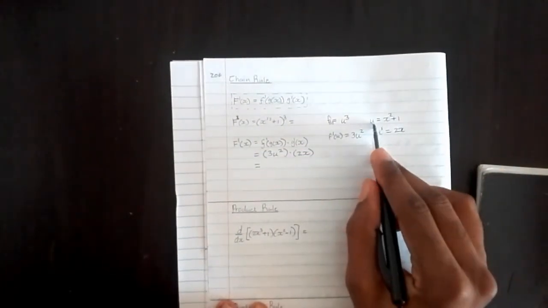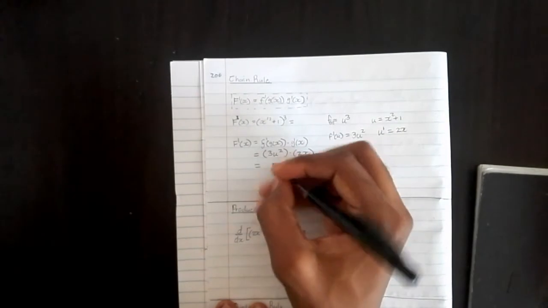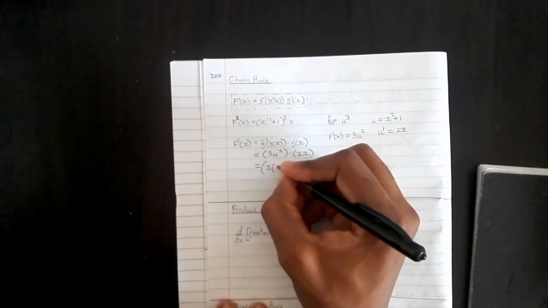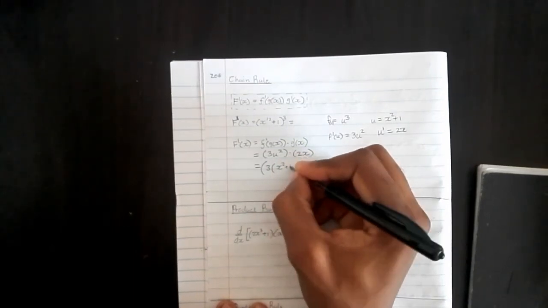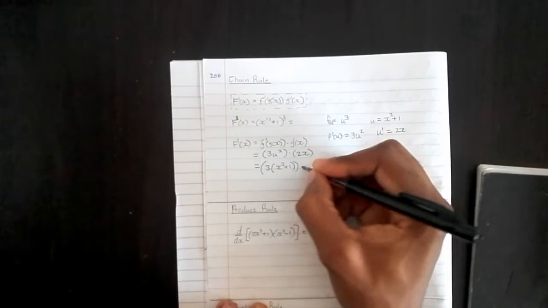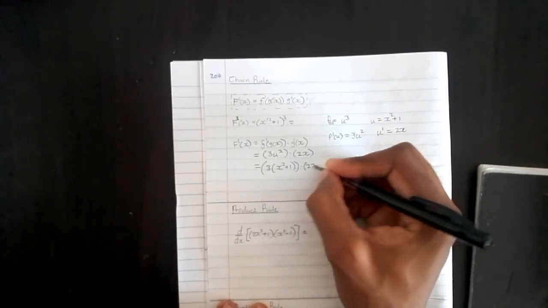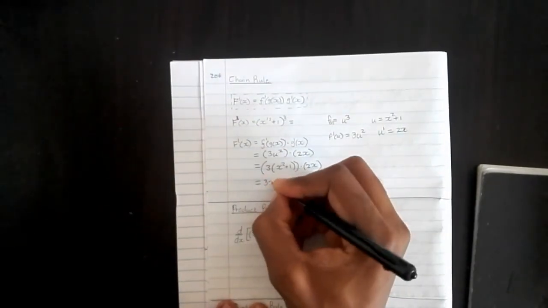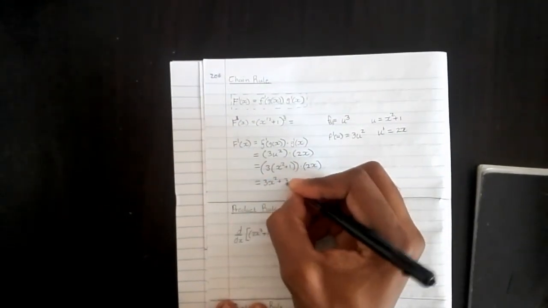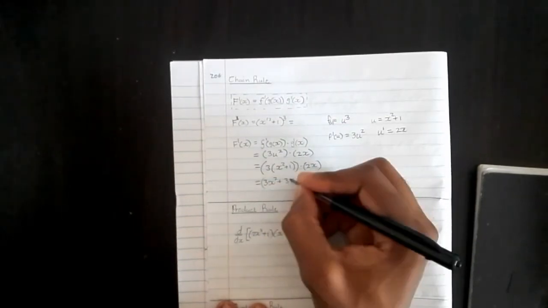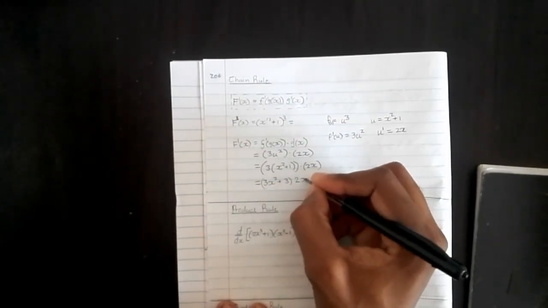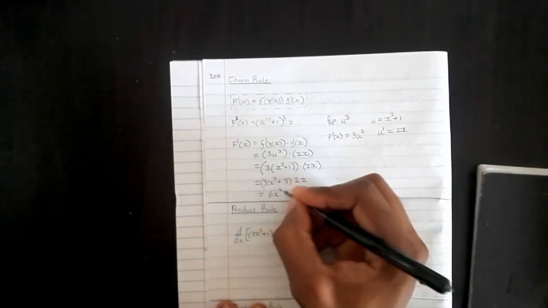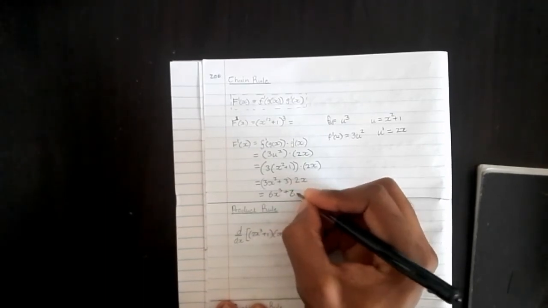And we know that u equals x squared plus 1, so we can substitute for u. We have 3 times (x squared plus 1) squared times 2x. Final answer is 6x cubed plus 6x.